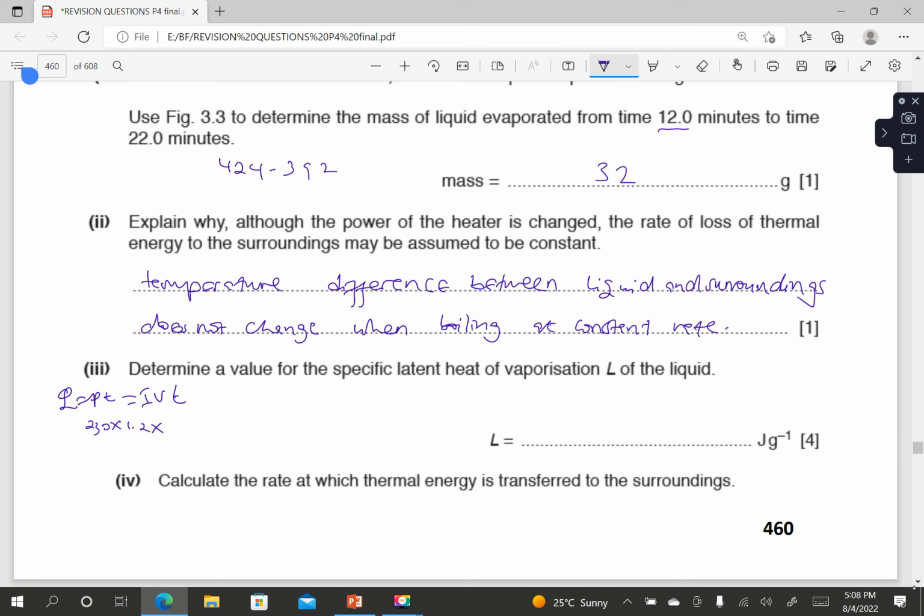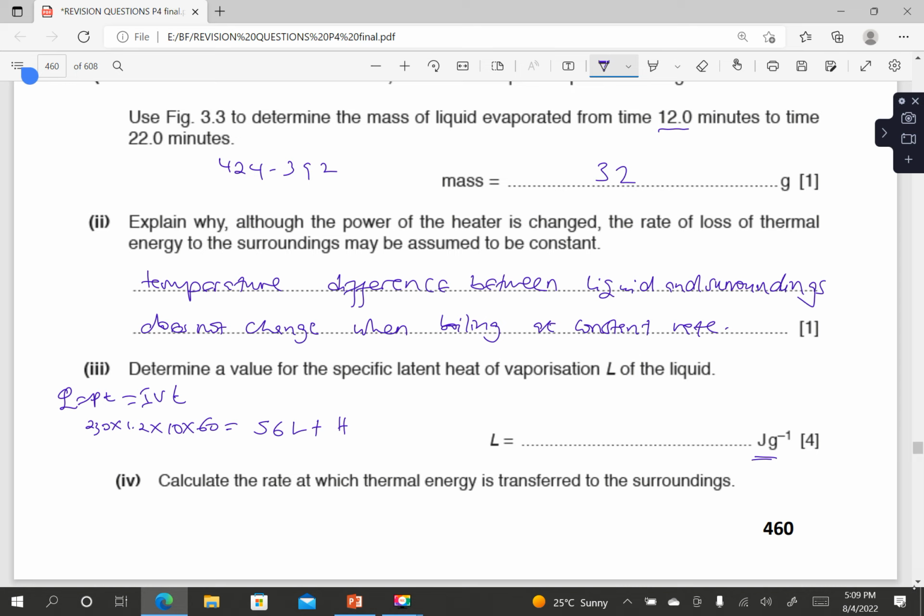Then the time is, I'm taking the first 10 minutes. That is 10 minutes. I change it to seconds. It is times 60. This goes into melting the ice, vaporizing the ice. That will be the mass which evaporated, 56 in the 10 minutes, times the latent heat of fusion. I will not change the mass because this is required in joules per gram. Let's say plus the heat which is lost to the surrounding.